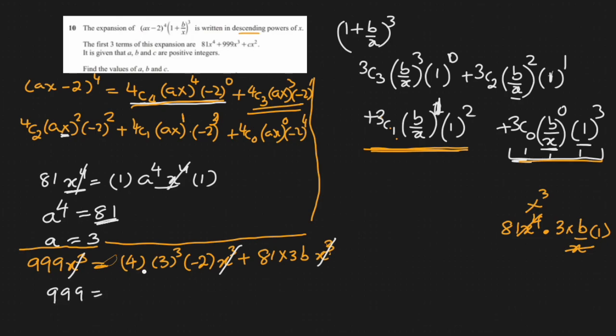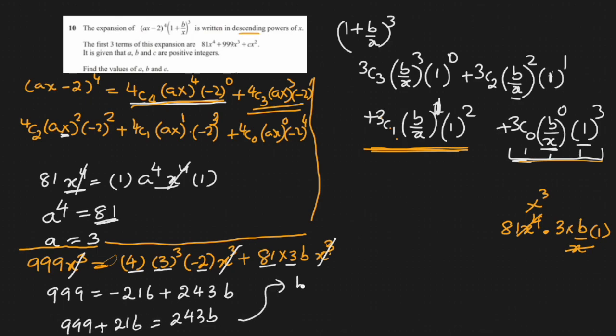999 is equal to, how much is that? 4 times 27 is 108, minus 2, 216. Okay, 81 times 3 is 243b, plus 243b is positive, positive, positive, minus 2. Okay, positive. So 243b remains here, and 999 plus 216 equals this.